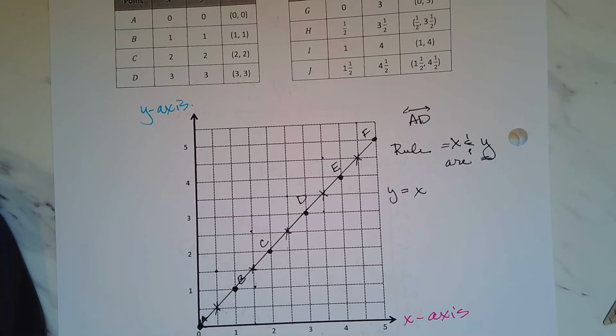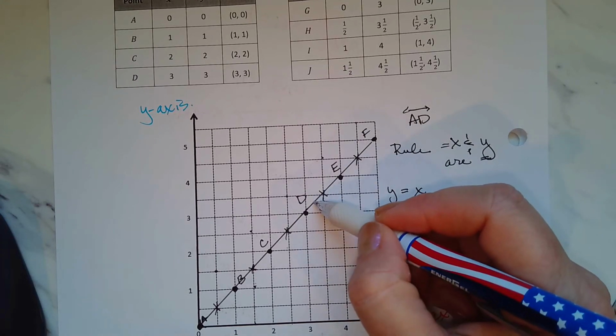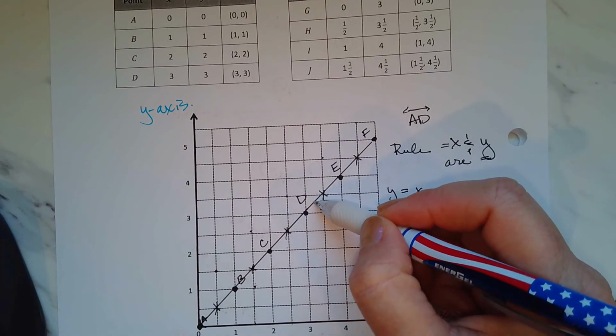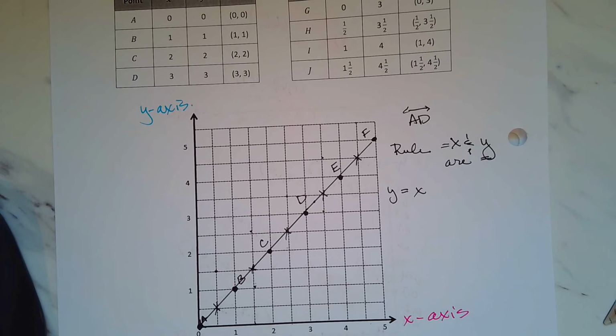So X and Y need to be equal if they're going to be on line AD. If the X coordinate is a mixed number, the Y coordinate will be the same mixed number, or it could be expressed in another equivalent form, such as 3/2 and 1.5.